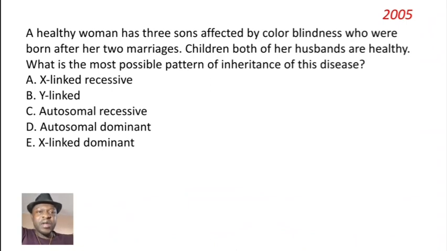A healthy woman has 3 sons affected by color blindness who were born after her 2 marriages. So this woman was married 2 times, and with both husbands the sons have color blindness. So definitely this woman is a carrier.